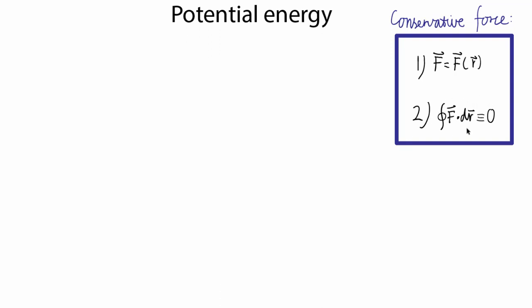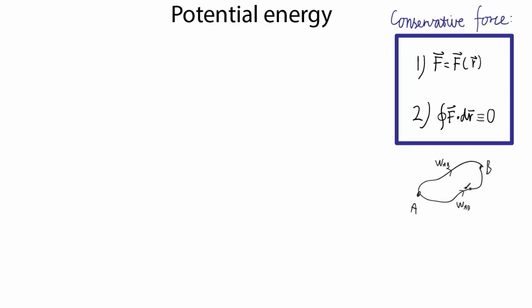And this is a slightly different expression. This is a line integral but along a loop. So if you have point A here and point B there, the second condition on a conservative force is that if we take two different paths from A to B, the work should be the same in each case. So this is WAB, and this should also be WAB.